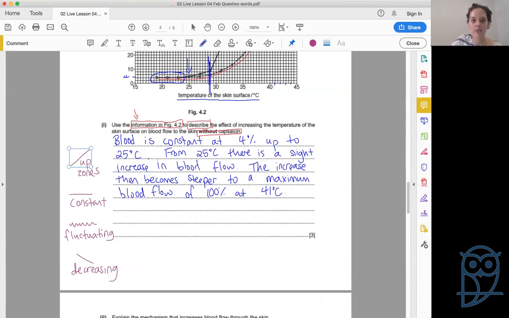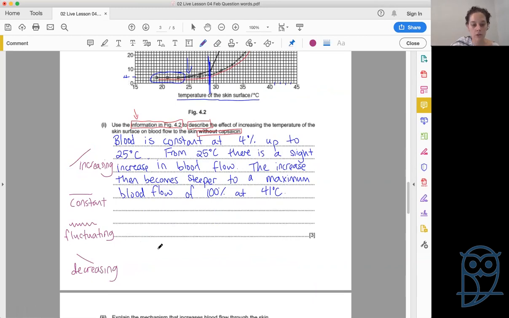Let me just change that first one. This would be an increasing, not an up zone. Okay, so increasing. Helps if you can spell increasing correctly. Increasing, constant, fluctuating, decreasing. These are the zones that you're looking for on your graph.